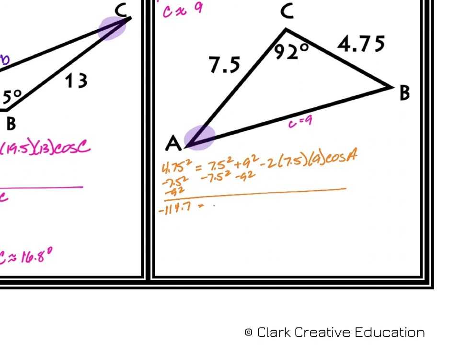Negative 135 cosine of A. So divided by negative 135, cosine of A is going to be equal to 114.7 divided by 135. And again, I don't want cosine of A, so I'm going to do cosine inverse. I'm going to get rid of that cosine. And I get A is approximately equal to 31.8 degrees.